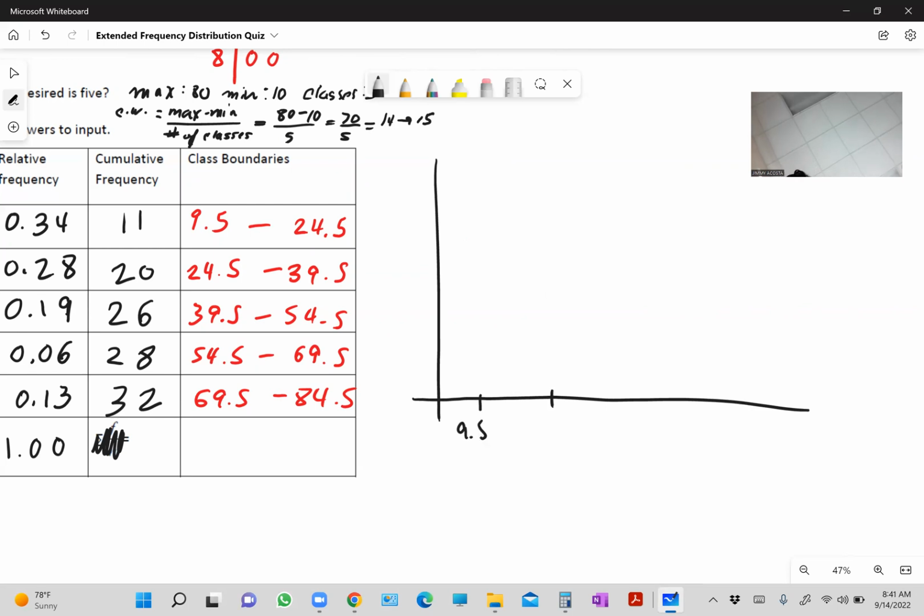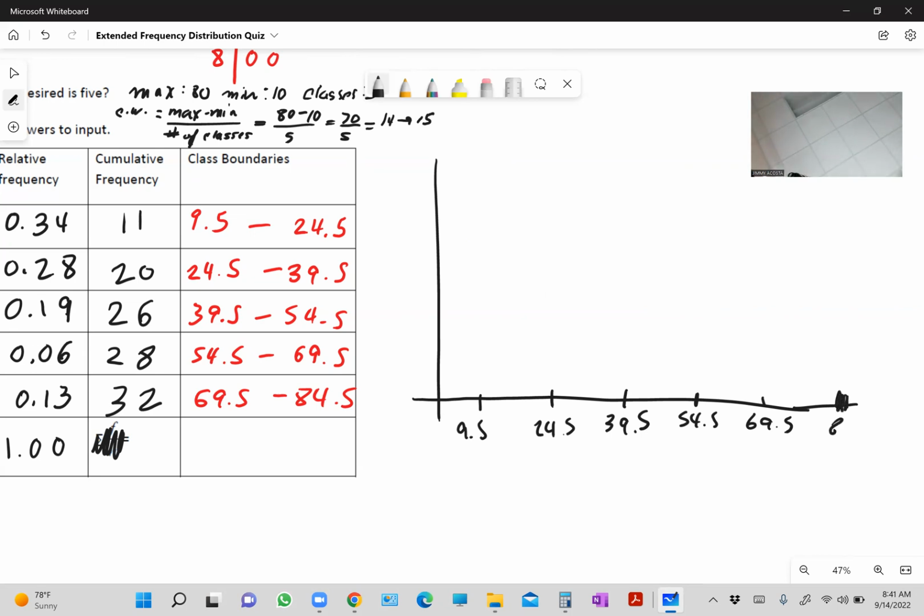My second one is 24.5. My third one is 39.5. I don't have to write them double. My fourth one is 54.5. My fifth one is 69.5. And my last one is 84.5.